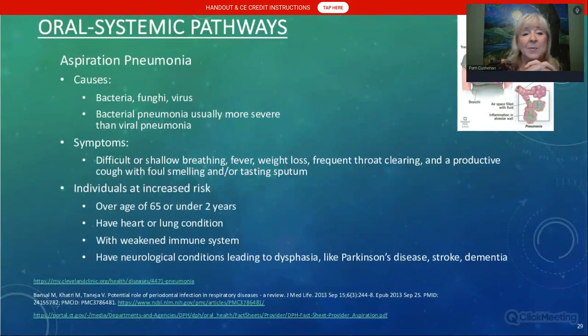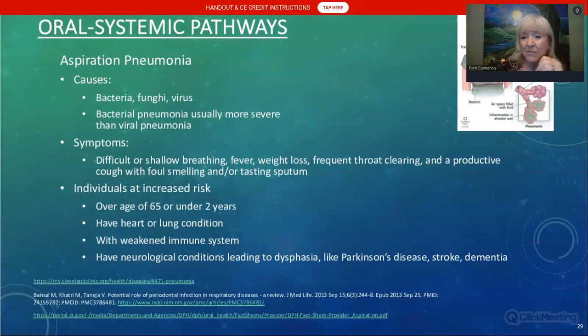Different things can be inhaled that can lead to aspiration pneumonia: bacteria, fungi, and virus. Bacterial pneumonia, which is the main one we're concerned with in dentistry, is generally the most severe. Viral pneumonia actually self-resolves.